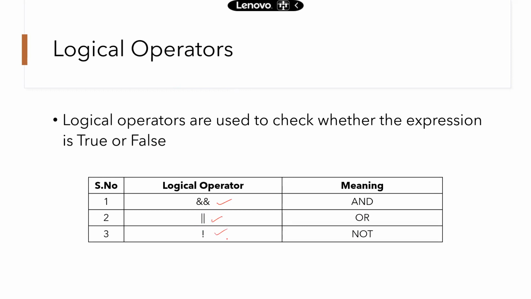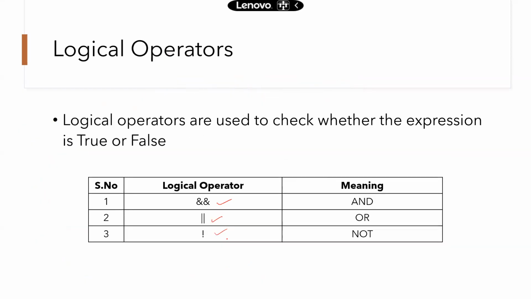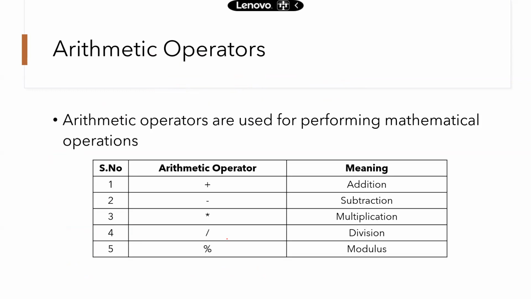So just keep this concept in mind, that these relational operators are basically used for the comparison between the right hand side and the left hand side, and these logical operators are used to determine whether the expression is true or false. Okay.